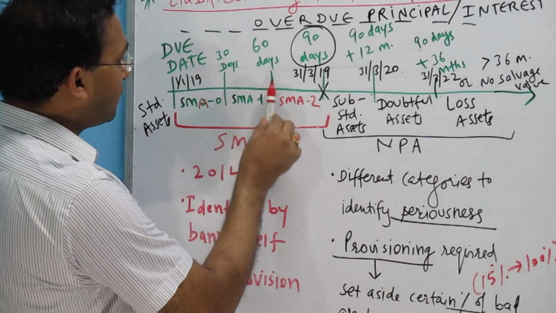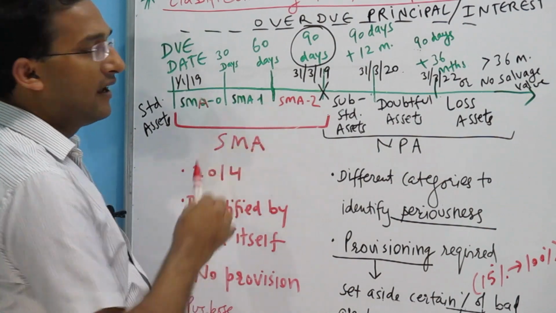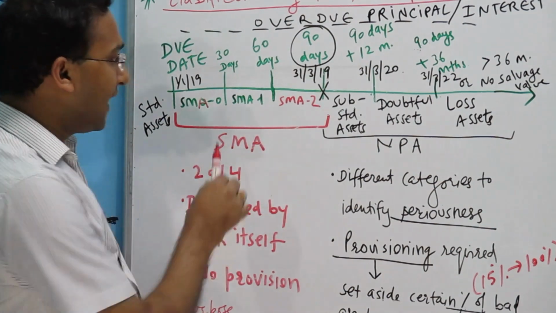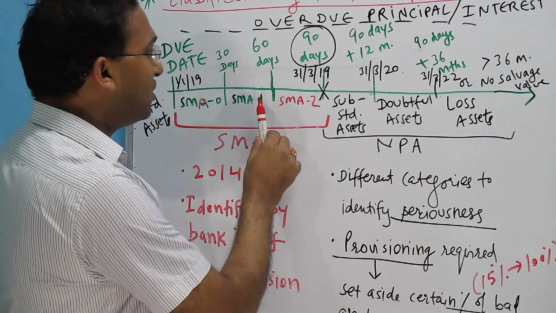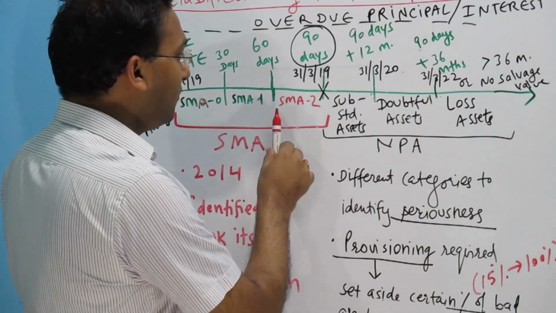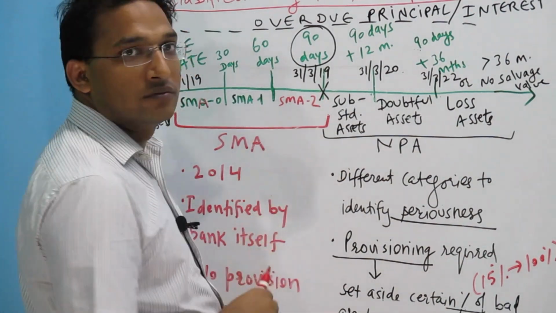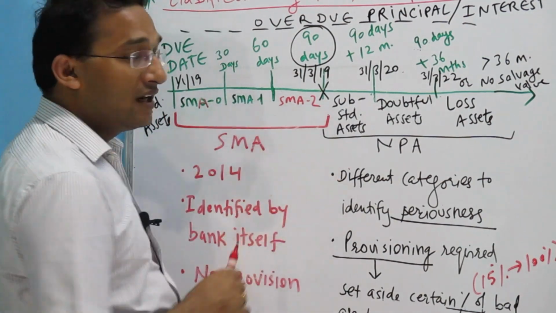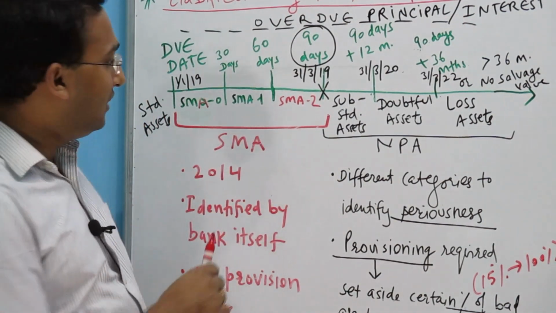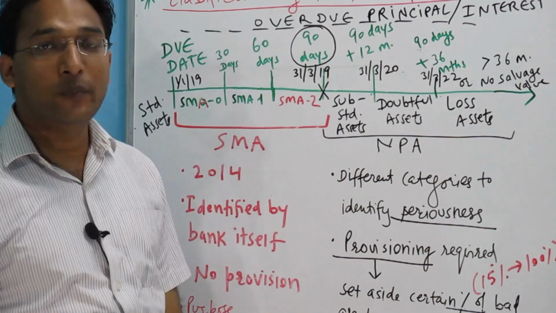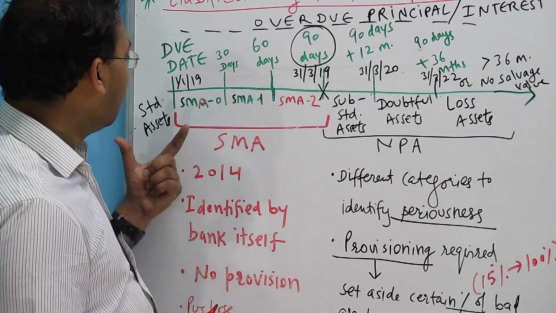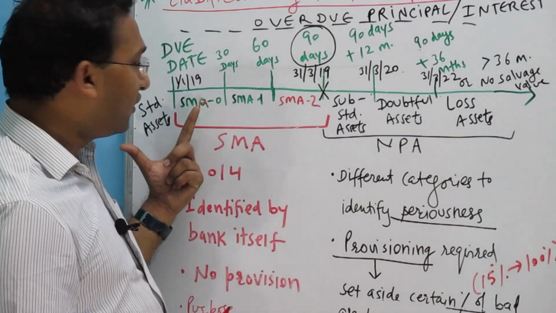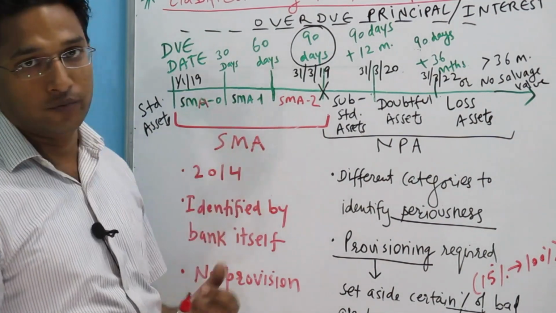After 30 days up to 60 days, this will be classified as special mention account 1, that is SMA 1 category, and from 60 days to 90 days, this will be classified as SMA 2, right? So from 1st of January to 31st of March, that is up to 90 days, this loan will be classified as the special mention account, and further three categories 0, 1 and 2, right?